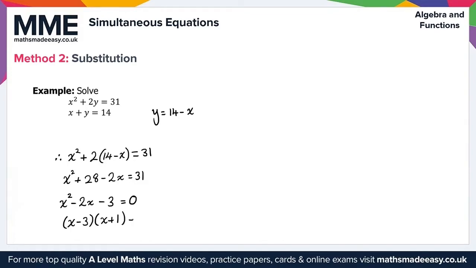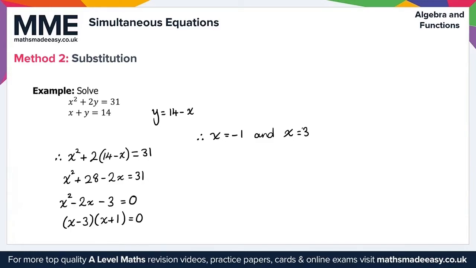And this is equal to 0. And what this tells us is that we obtain two solutions. So therefore, x is equal to minus 1 here. Setting x plus 1 equal to 0 would mean x is minus 1. We also obtain x equals 3 there. Setting x minus 3 equal to 0, we obtain x equals 3.